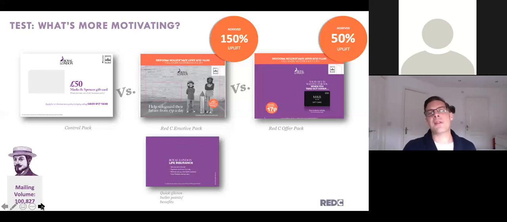So you see on the left-hand side, the previous control had just said £50 Marks and Spencer gift card. We showed a picture of it, and I think it makes it slightly more tangible. I think that's why it worked. We find that always works, showing the incentive.